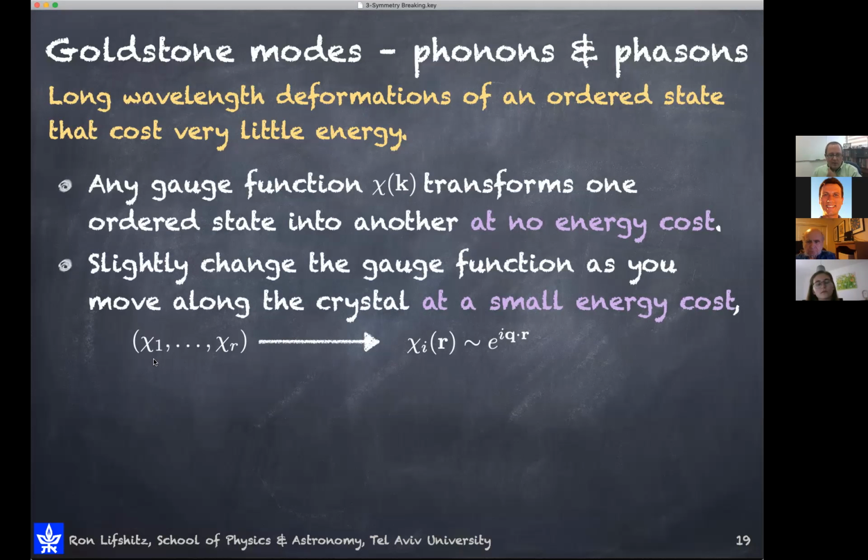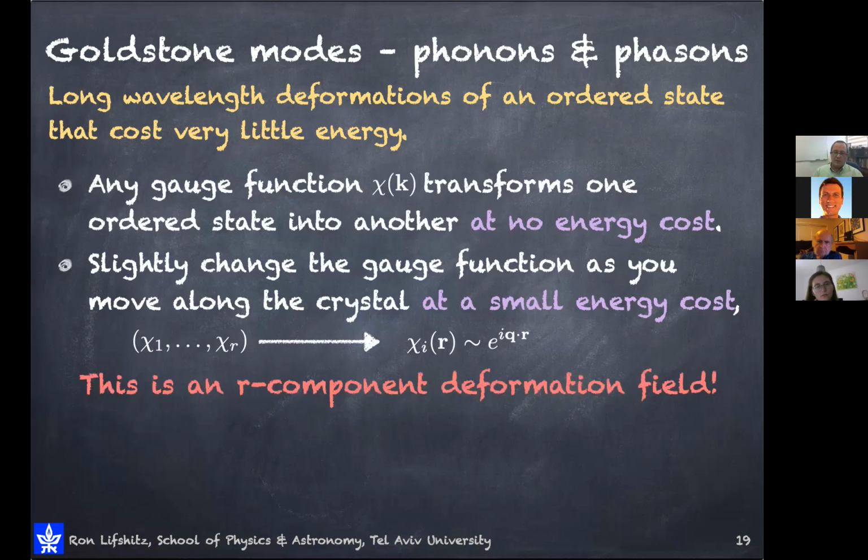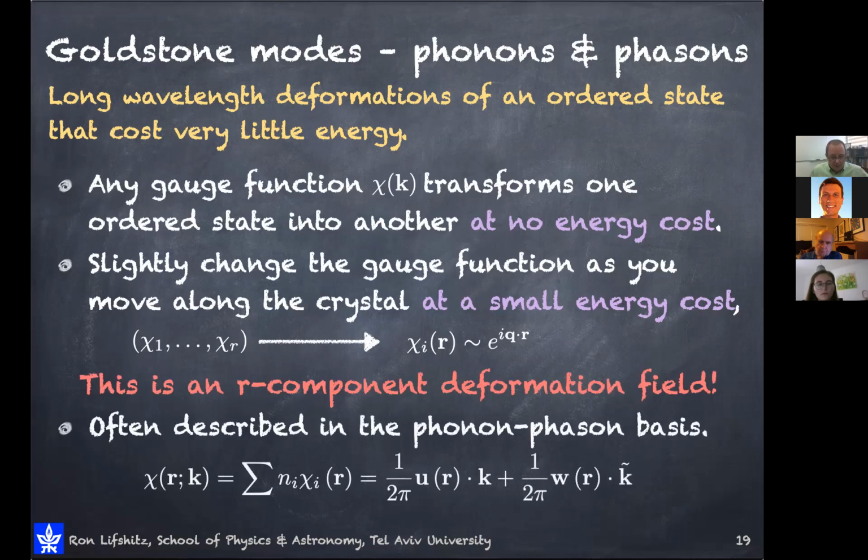So instead of having a constant gauge transformation, a constant set of R real values, I take this chi and I make it a function of space. So I gradually perform a gauge transformation. And if I do this very, very weakly and gradually, slowly, then this will come at a very small energy cost. This would be an R component deformation field.